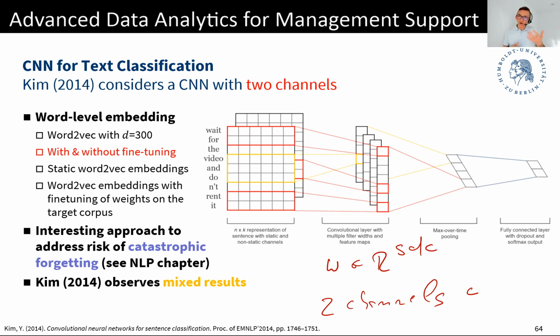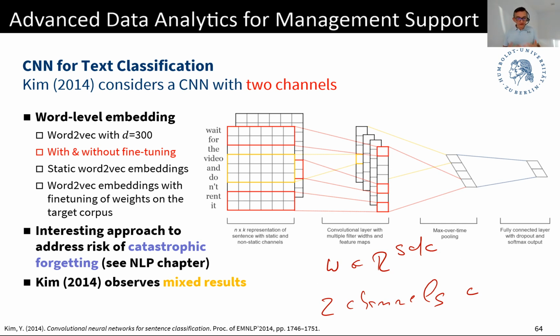If we talk about big companies, they might have their own large text data sets for sure, considering all the emails that might come in over the customer service department. As a company, I can build up my nice, big own database of text. But we as students typically are not in a position to do so. And then this risk of hurting the model by fine-tuning is even larger.